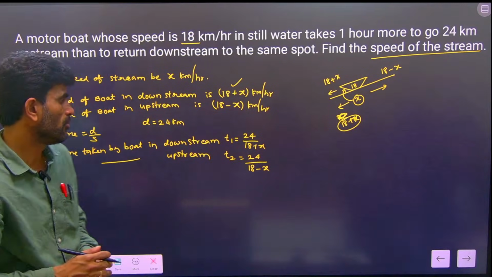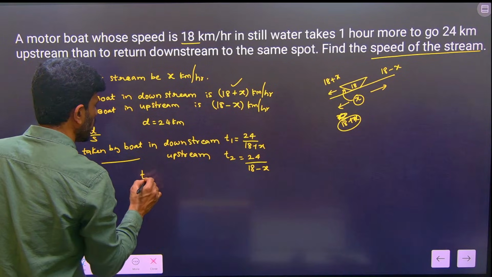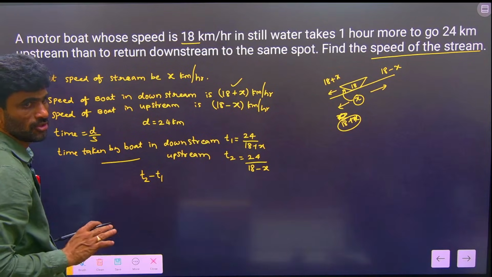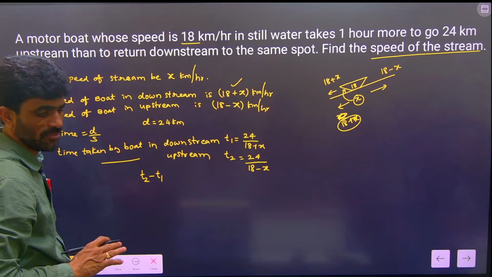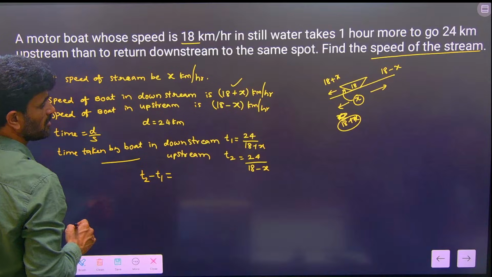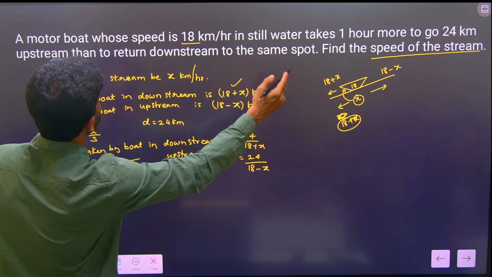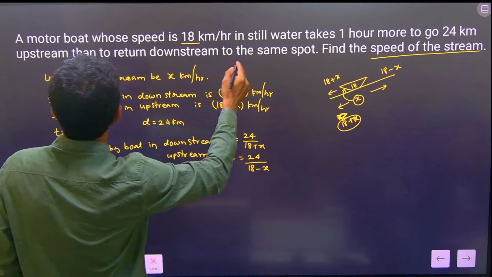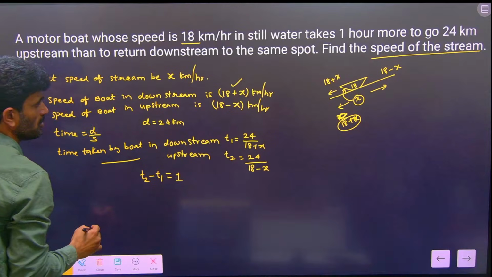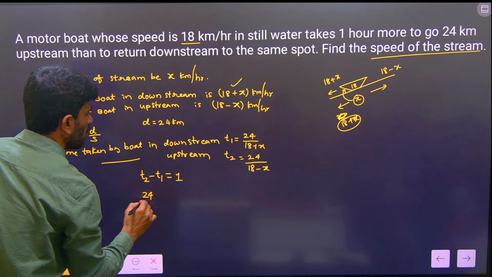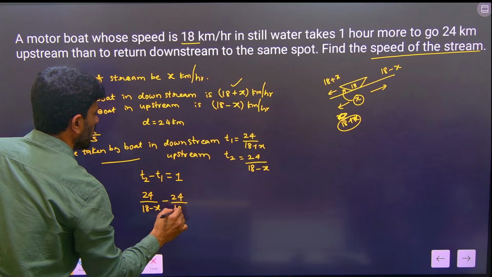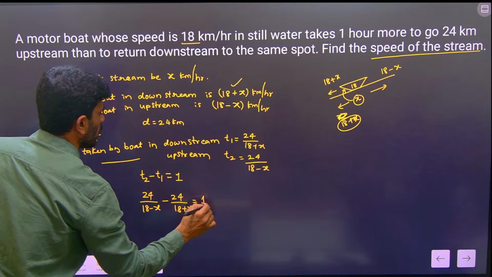So T2 will be more and T1 is less. Remember motorboat problems: upstream time minus downstream time. It is given as 1 hour. So T2 minus T1 is equal to 1. So 24 by 18 minus x minus 24 by 18 plus x is equal to 1.